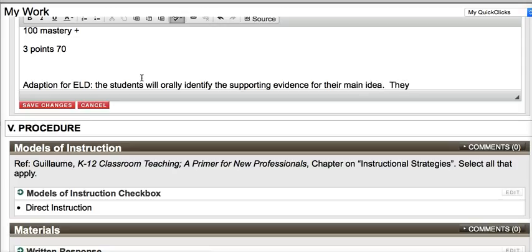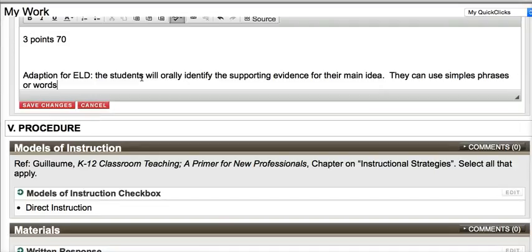They can use simple phrases or words. They will also speak to the group and to me. Okay, there you go. So now I have how I'm going to measure it.